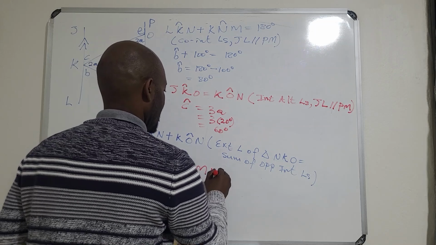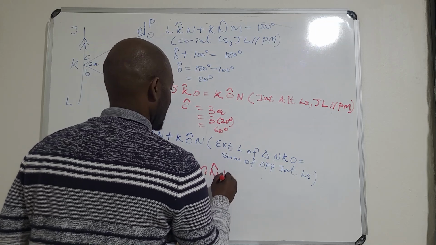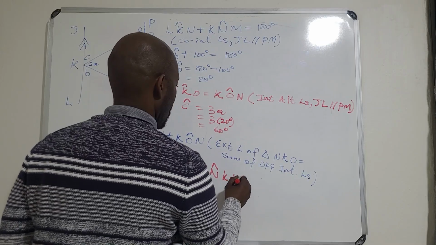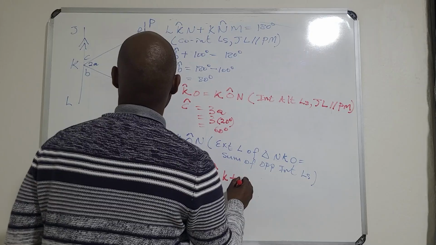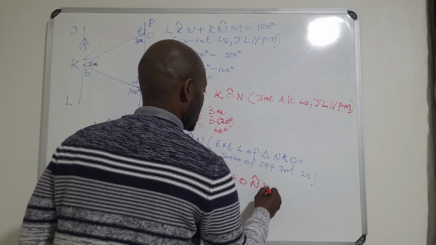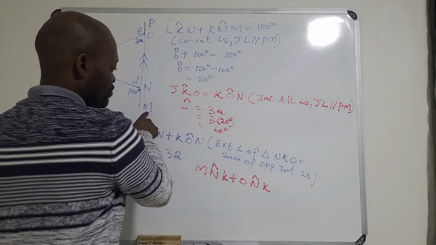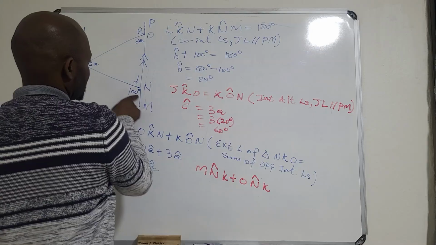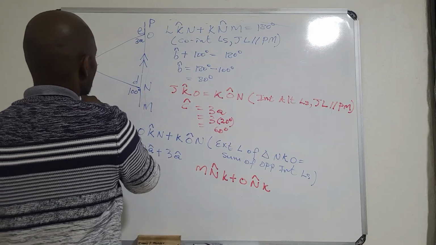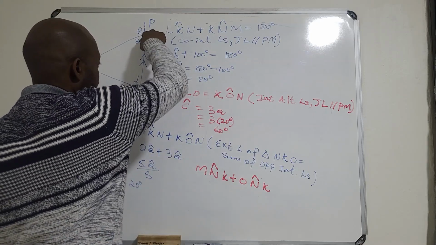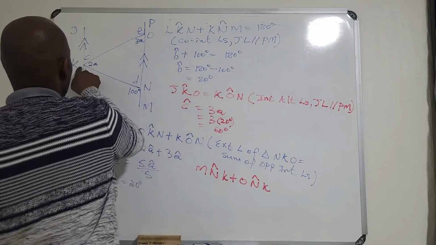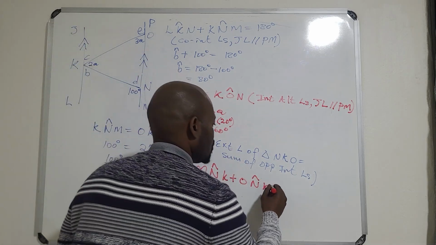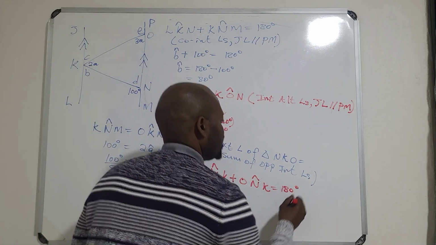Angle MNK plus angle ONK, which is this angle plus this angle, is equals to 180 degrees.